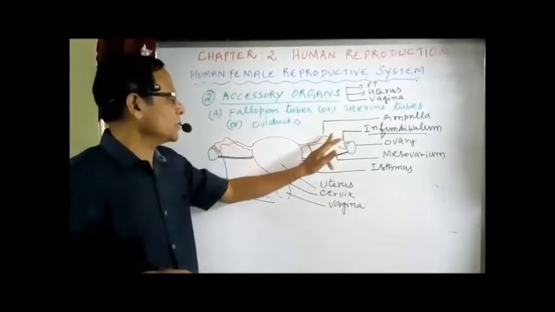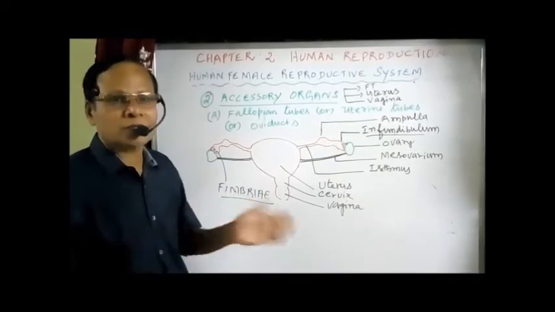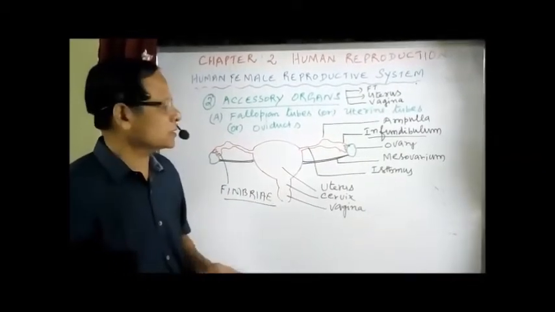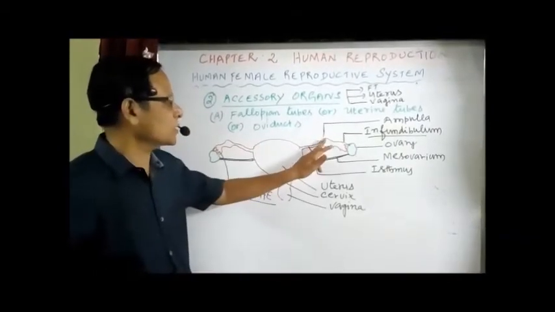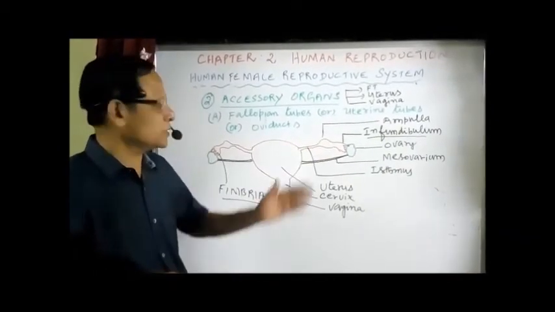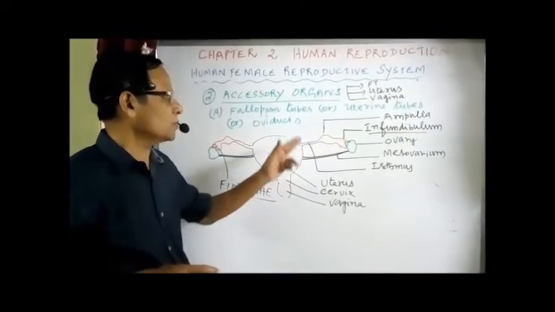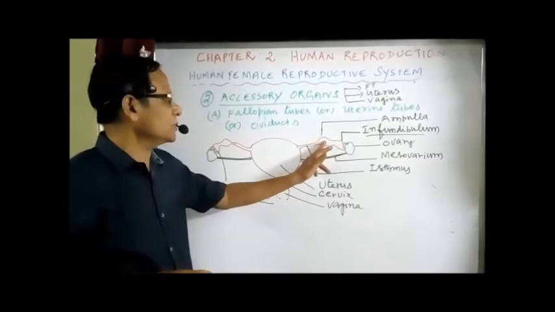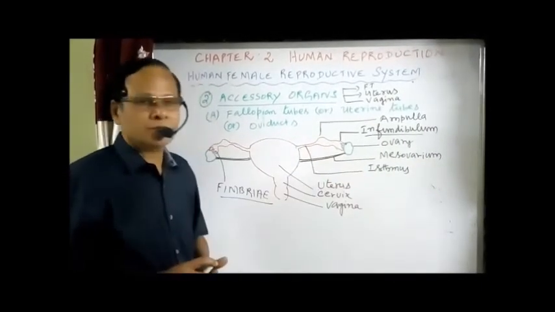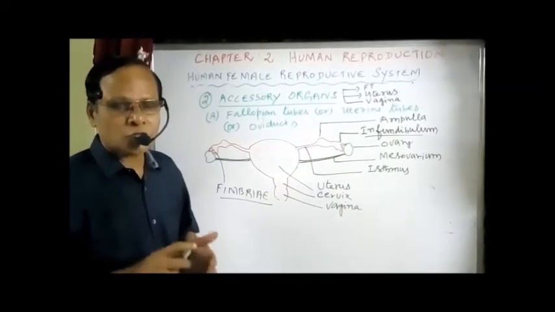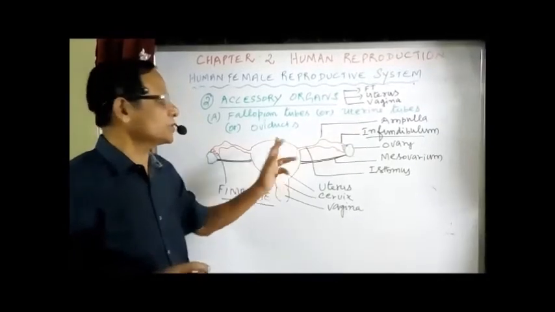Now the infundibulum leads into a wider central region called the ampulla. Normally the process of fertilization occurs only in the ampulla region. This leads into the last part, known as the isthmus, which is thick and narrow, connecting the infundibulum and ampulla to the uterus.